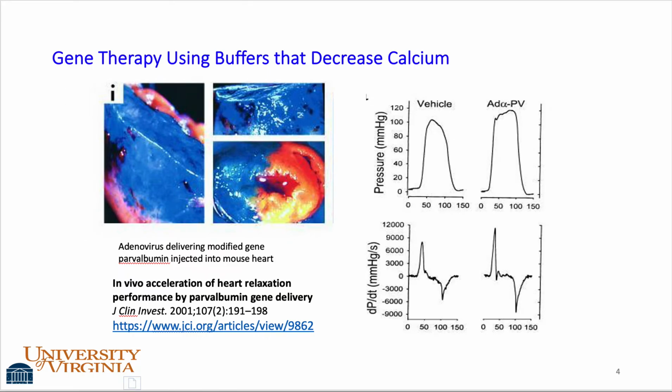It just so happens that there are genetic therapies that can be used to essentially regulate the amount of calcium that is present, just enough so you can have normal heart activity.